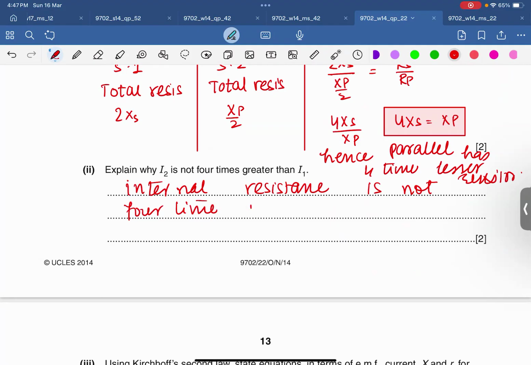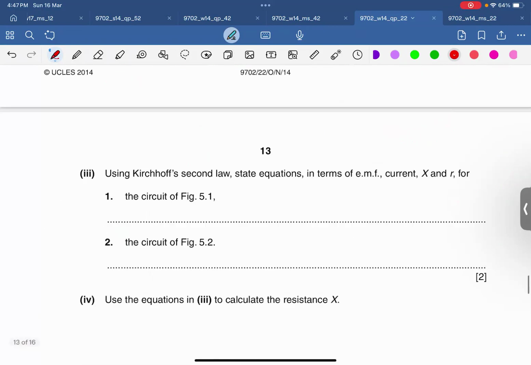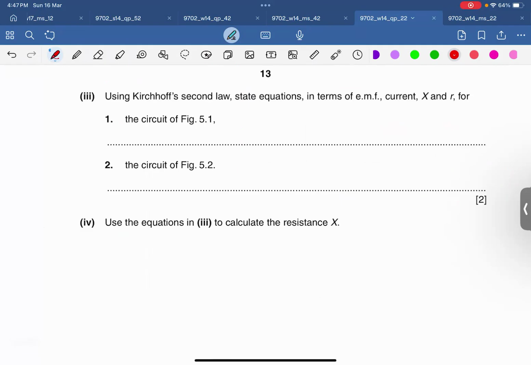It is rather the same, as the battery is the same in both the circuits. Okay, done, move ahead.